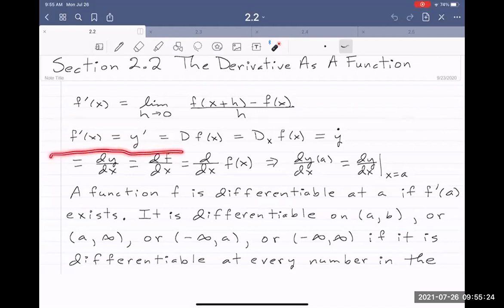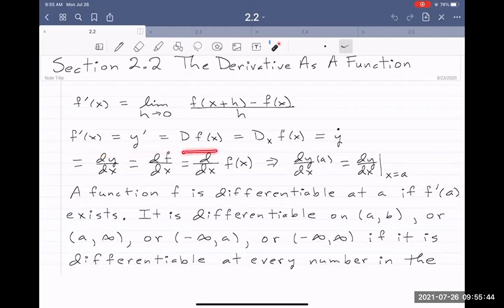F prime of x, I can write as y prime. So this is the prime notation, which was the French notation.